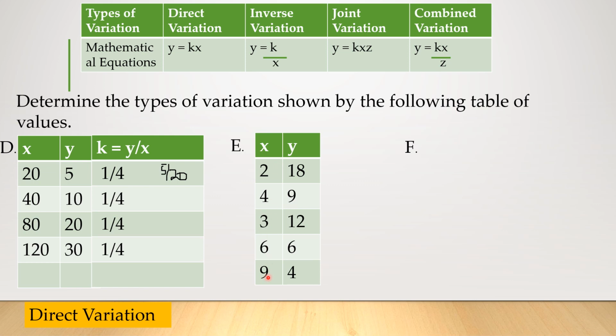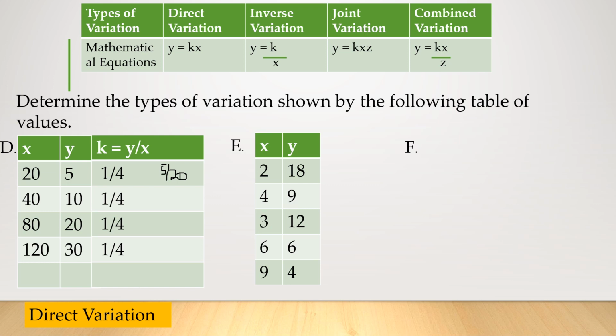So what are you going to do? Two variables, it's either direct or inverse variation. You can arrange these, or you can just simply get the constant of variation.